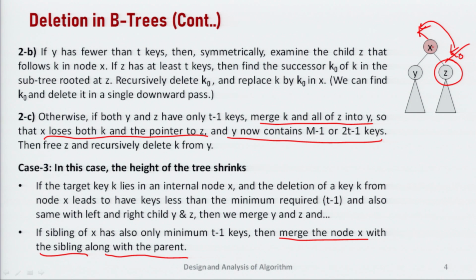So we merge y and z over here, and then the next step is that node x, its sibling and its parent, all three, are merged. When these three are merged, the height of the B tree shrinks, the height of the B tree gets reduced.